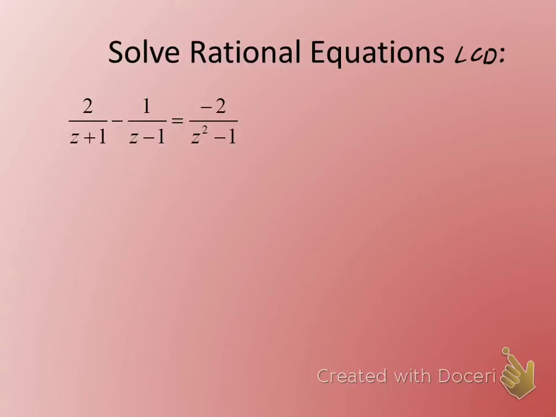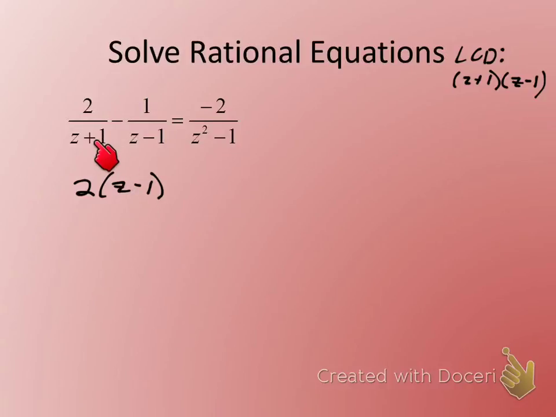Alright, this LCD is z plus 1, z minus 1. Like I said, most times it'll be a combination of these two factors, and obviously z squared minus 1 factors that way. As you get the hang of this, you can cut out writing it on both sides and just multiply 2 by z minus 1, the factor that's not there.